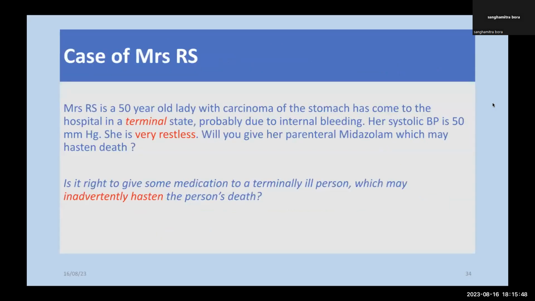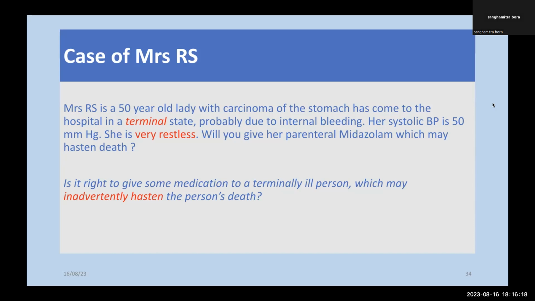Taking this particular example of Mrs. RS, a 50-year-old lady with carcinoma of the stomach. She has come to the hospital in a terminal state, probably due to internal bleeding. BP is again 50. She's very, very restless. Now the question that arises here is, will you give her parenteral midazolam, which may hasten death?